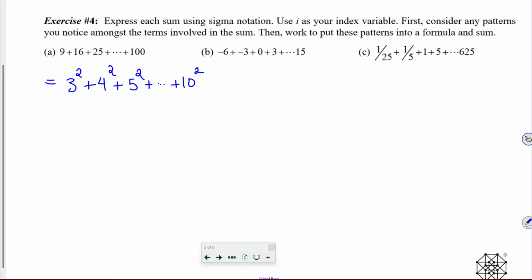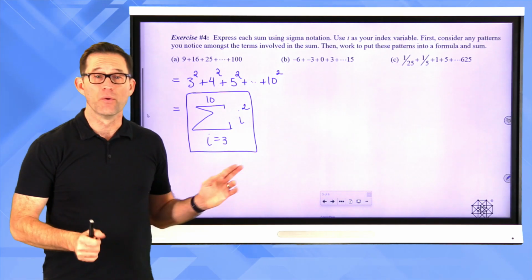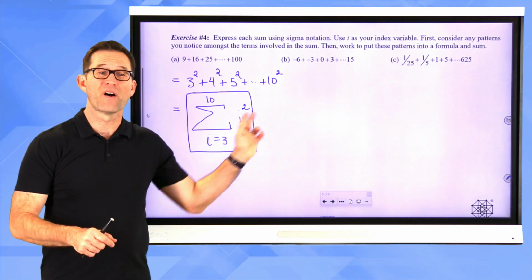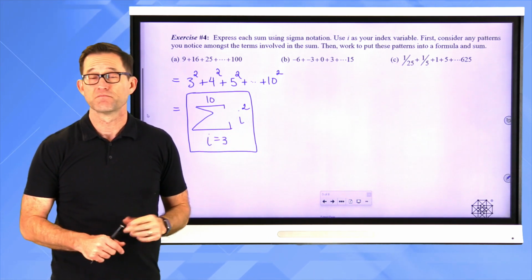All right, that means that I can actually write this in summation notation by saying, let's sum I squared, where I starts at 3 and goes to 10. And that's it, right? So 3 squared plus 4 squared plus 5 squared plus etc. all the way up to 10 squared.